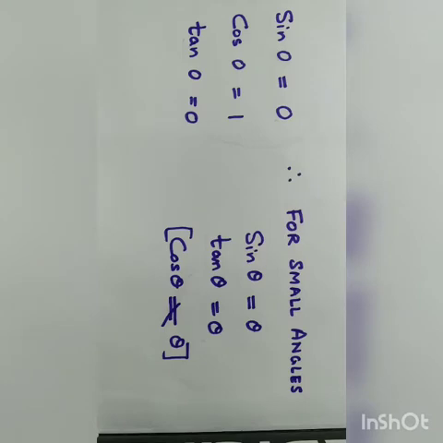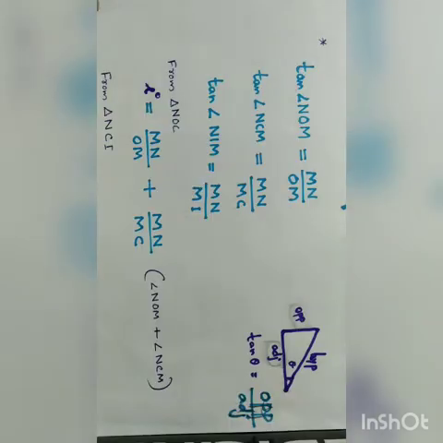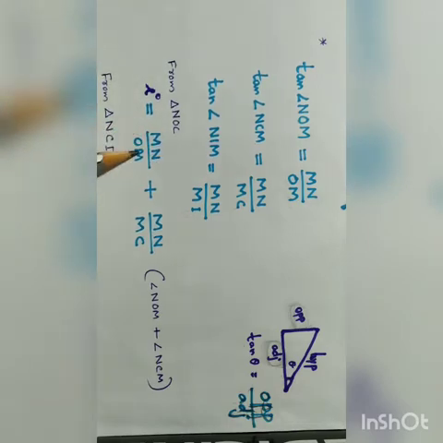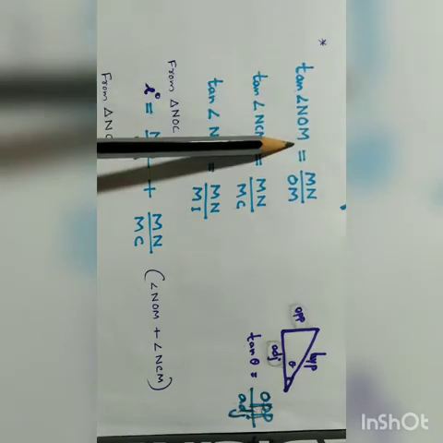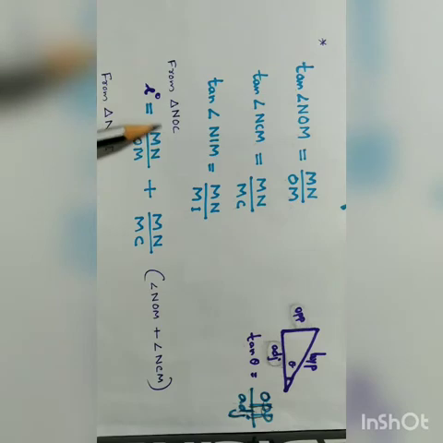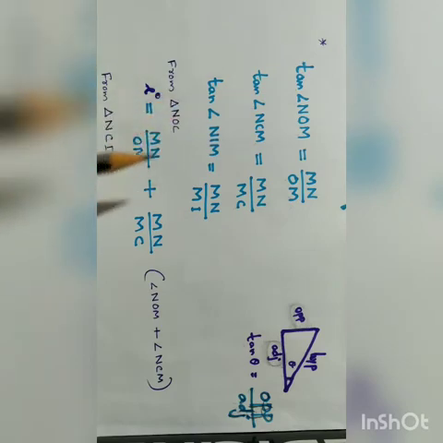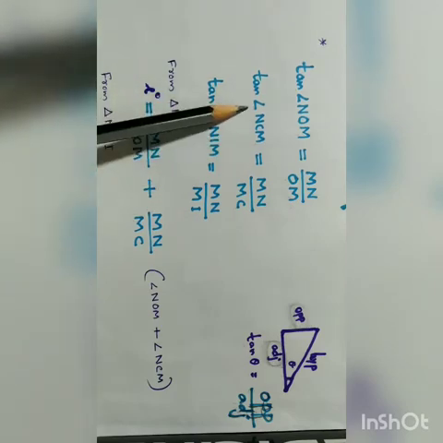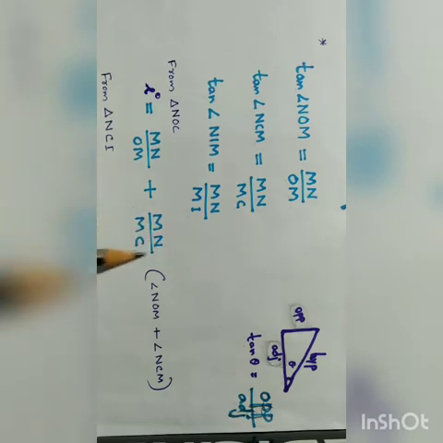So applying these values in our derivation, let us see how we can apply this. Instead of tan of angle NOM, we are writing MN by OM. And instead of tan of angle NCM, we are writing this one.